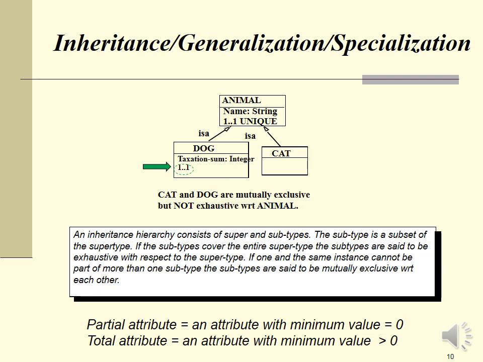But inheritance hierarchy means that the subclasses are related to the superclass via a so-called ISA relationship. And this means that both cat and dog relate to exactly 1 animal each, 1..1 animal each. And this means that the cat will relate to 1 animal, and then we can actually know the name of the cat.